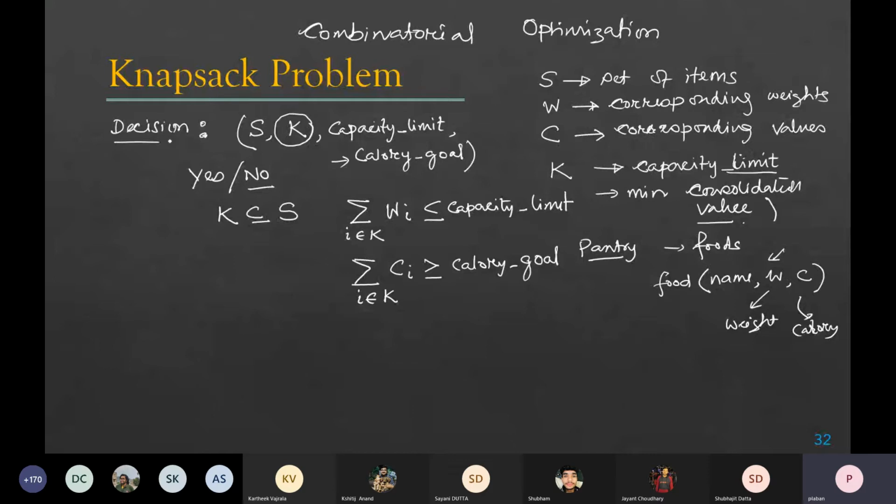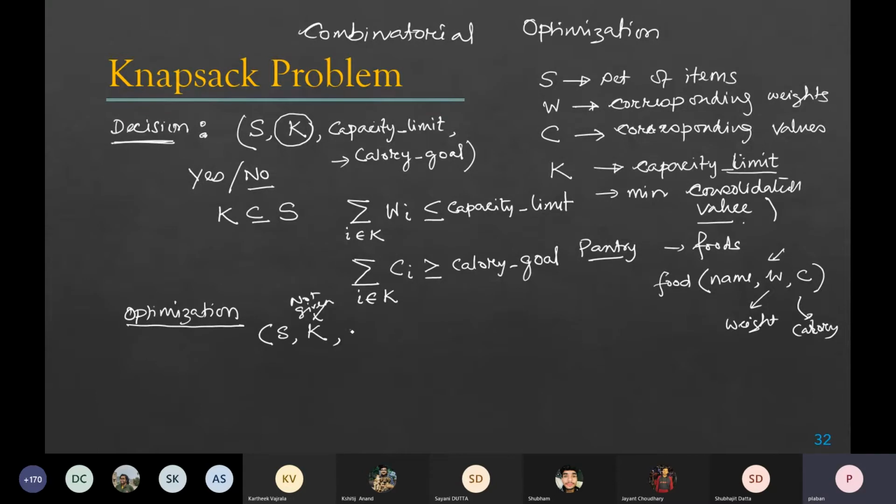Now there is another version of the problem which we call the optimization problem. And in the optimization problem, what do we have as argument? We have this S. You have to find a K. So this is not given, right?